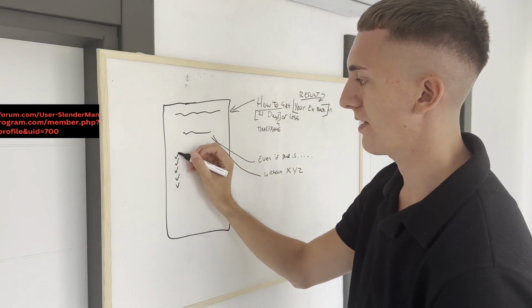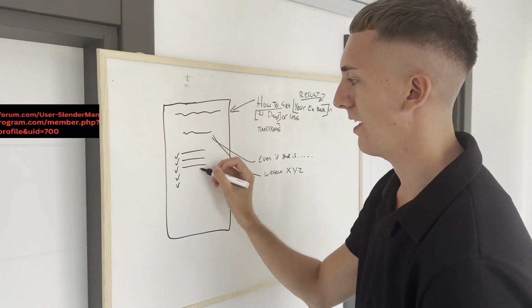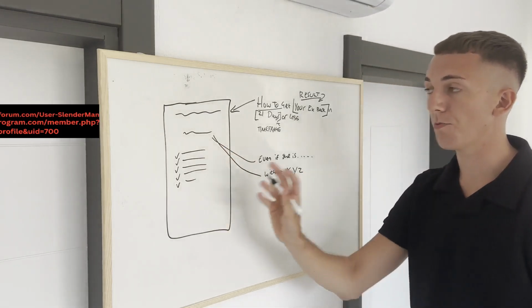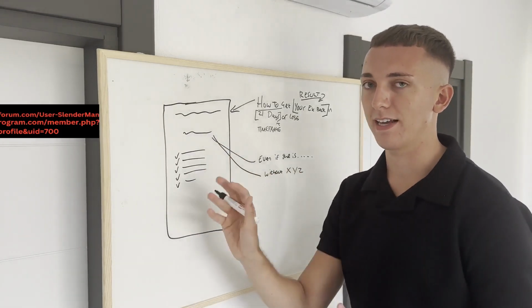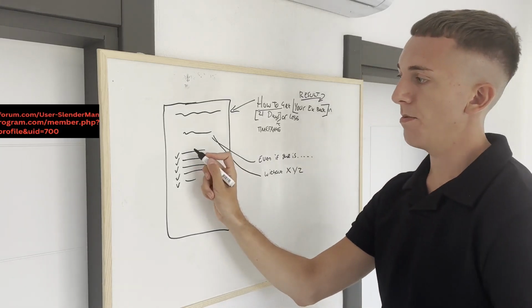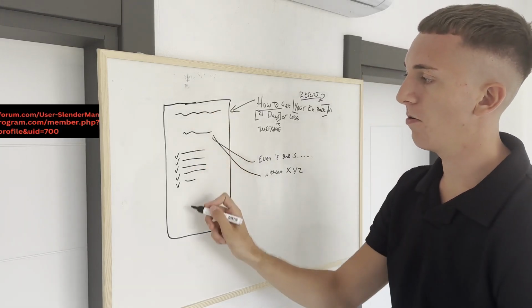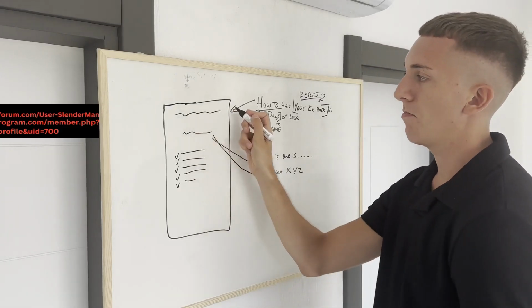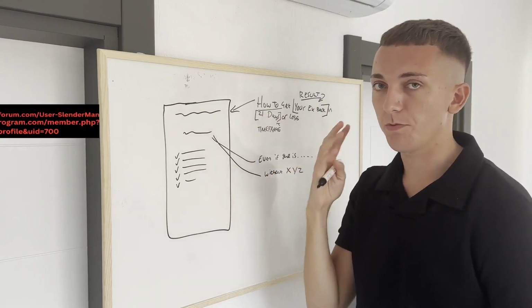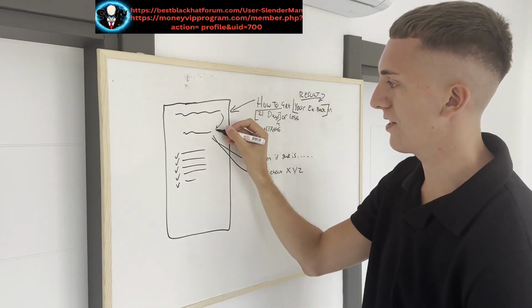So bullets is basically telling them exactly what's inside the guide. And these bullets are super important because it's going to sell them on the idea of why they need to get a guide. The main thing here in all of these different elements of the sales page, when they read this top part, they need to think in their brain subconsciously, okay, I need to continue reading.